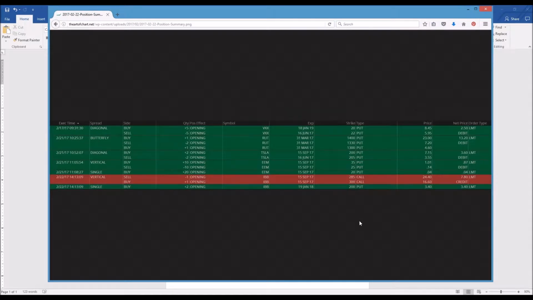So these are our current positions in the options portfolio, and each position is roughly 2.5%, 3% of your overall portfolio. So this is an example portfolio for a $50,000 account. We have a spread in VXX, the Russell, Tesla, EEM, and IBB, and we're going to be adding to this this weekend. So this comes out every Monday.